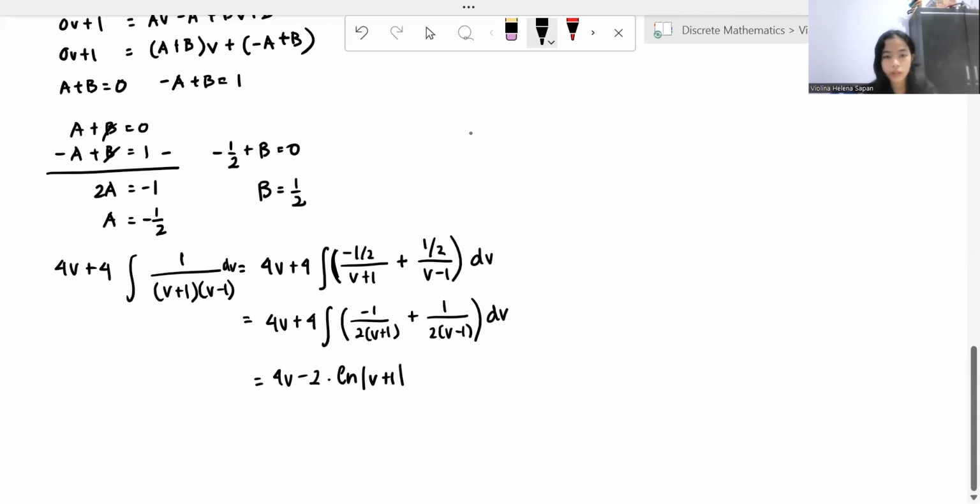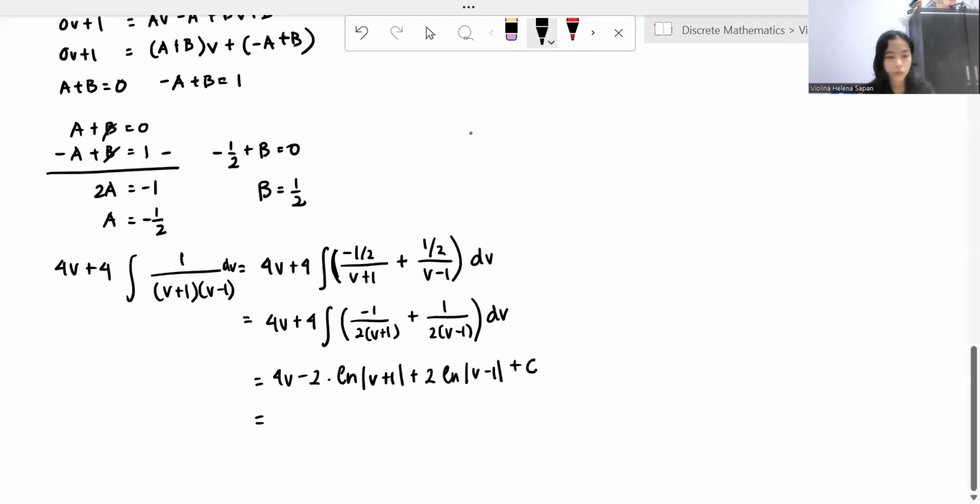And then similarly, this 1.5, we can pull it out and multiply it by 4, which is equal to 2. And we can integrate the 1 over v minus 1, which is equal to the natural logarithm of absolute value of v minus 1 plus c.